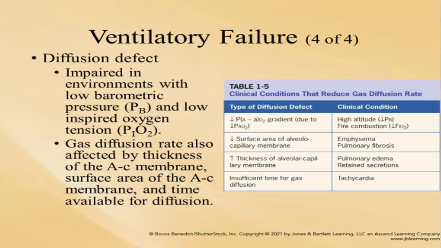So these are all the things that cause defects in your ability to get oxygen to your tissues. That's what we're talking about here: can we get oxygen into our bloodstream? Well, not if it's not there to begin with, not if you don't have enough surface area, not if your membrane is too thick, and not if you don't have enough time to get it there.